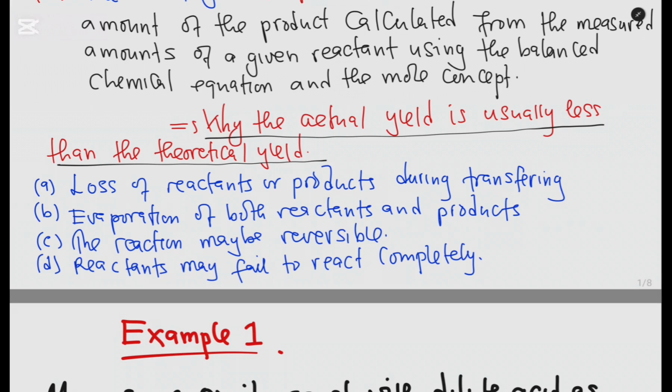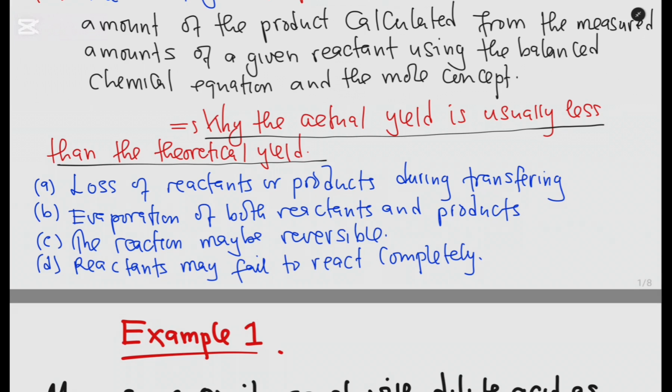Then the reaction may be reversible. When the reaction is reversible, after the products have been formed, the products start forming back into the reactants. This can affect the amount of product obtained. Then reactants may fail to react completely due to impurities. So you might have reactants that have impurities.